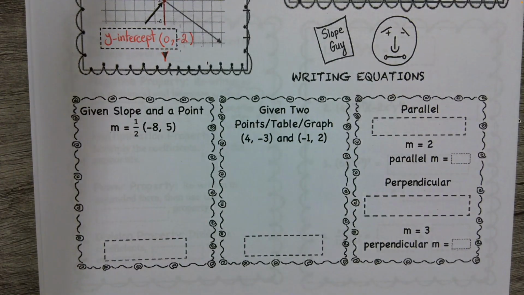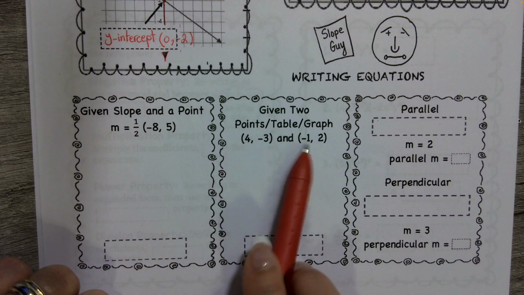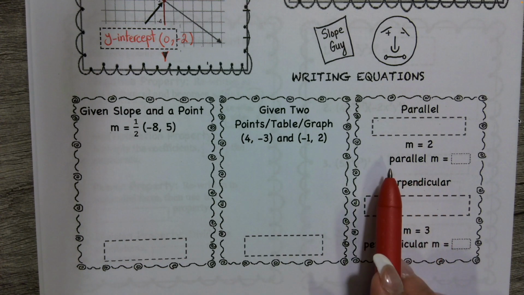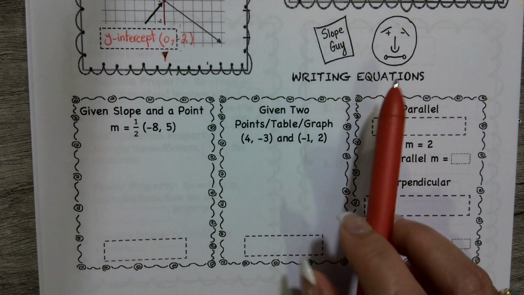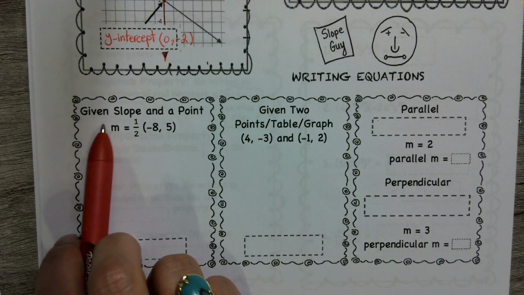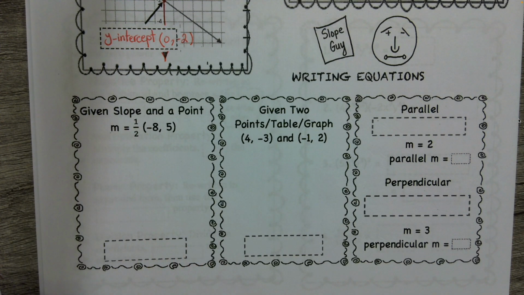Now, how do we write an equation if we have a slope and a point, or if they're giving us 2 points? Or how do we find the slope if we have a parallel line or a perpendicular line? Okay, let's talk about that. When we have a slope and a point, it's easier to graph it for yourself and find the second point.